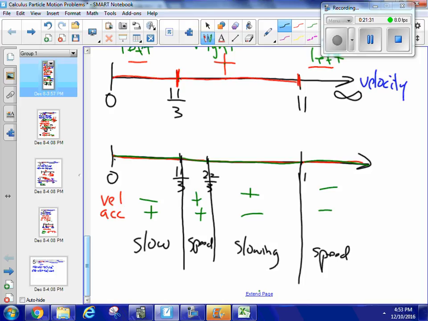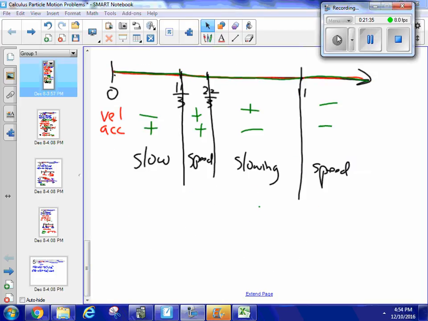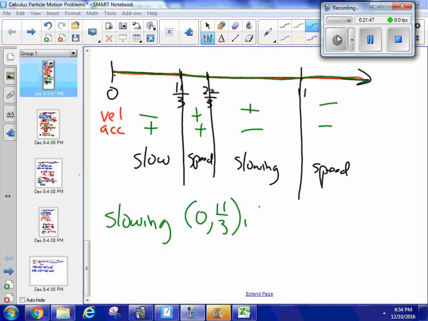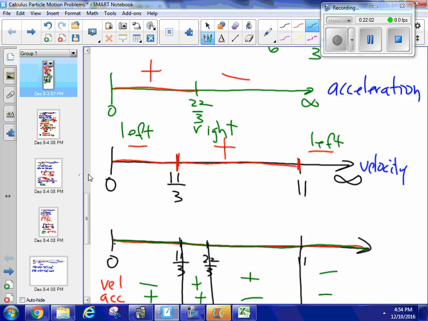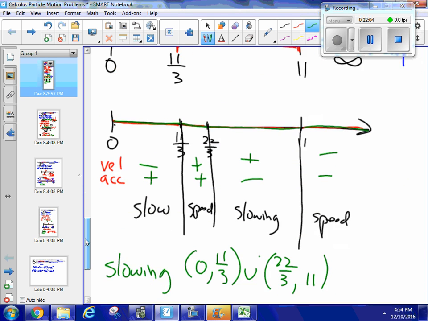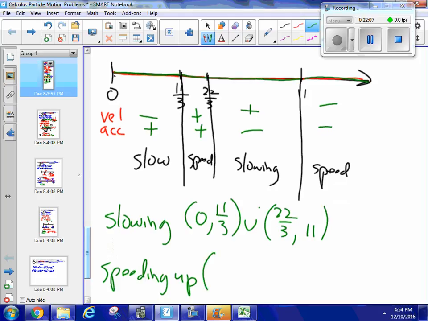So if I want to write that in interval notation, I'm slowing from 0 to 11/3, and from 22/3 to 11, and I'm speeding up from 11/3 to 22/3, and from 11 to infinity.